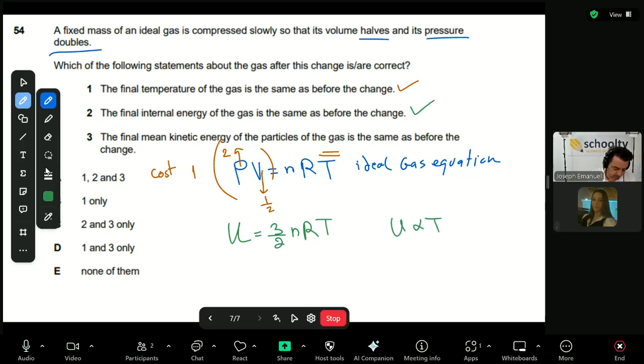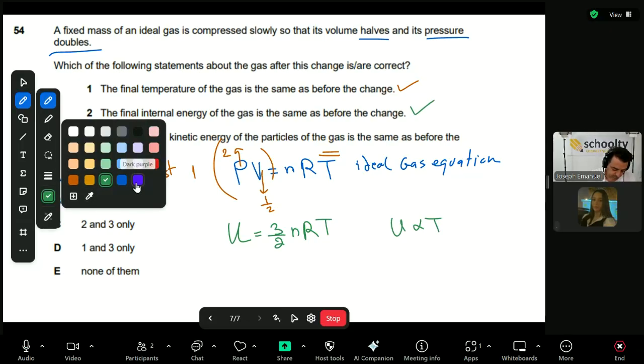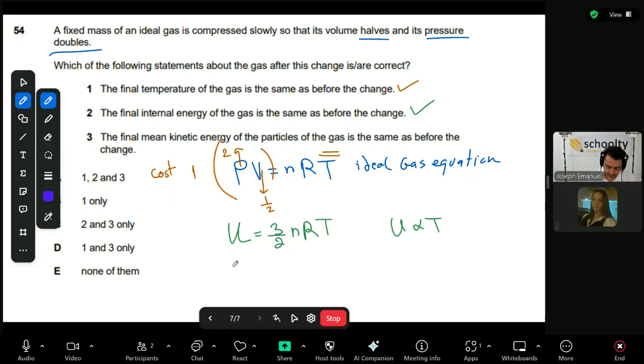So this is correct. What about 3? The final mean kinetic energy of the particles of the gas is the same as before the change. This is also correct, because mean kinetic energy of an ideal gas particle depends only on the temperature. So if the temperature is unchanged, the kinetic energy is constant. So the answer is A, everything constant.